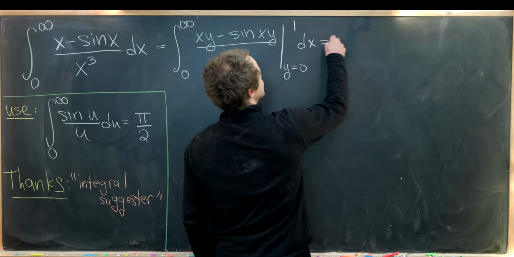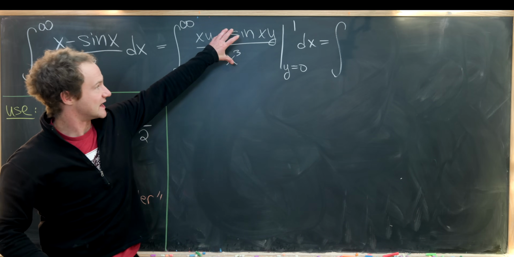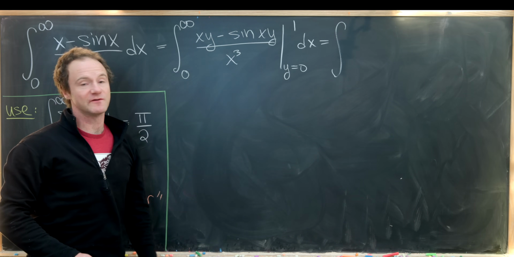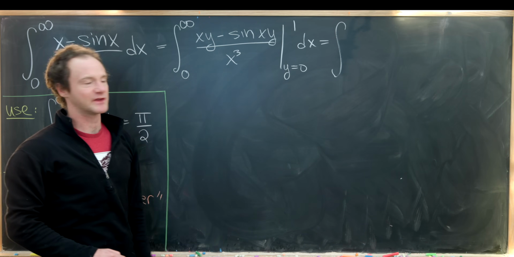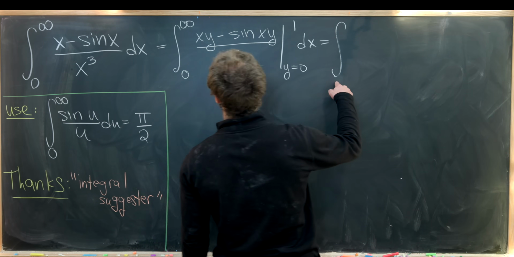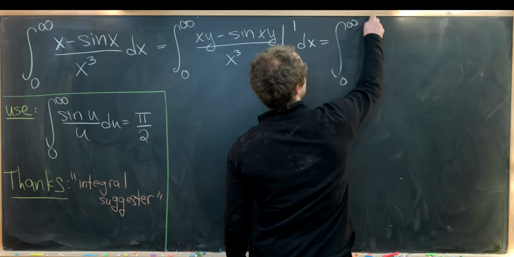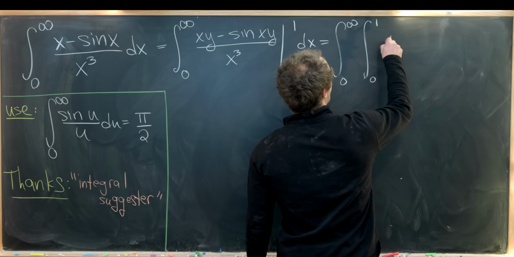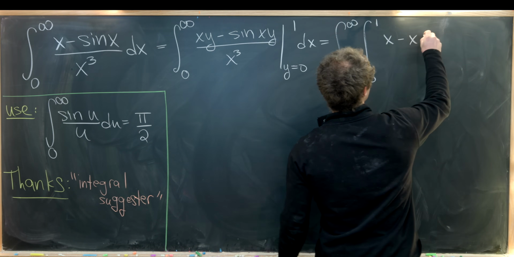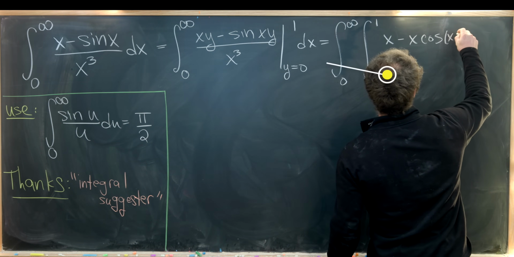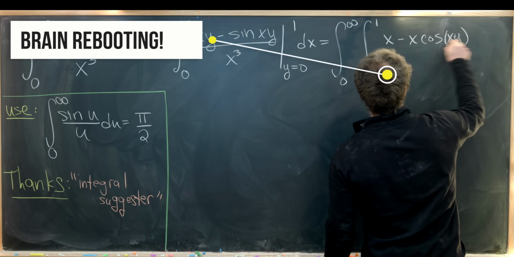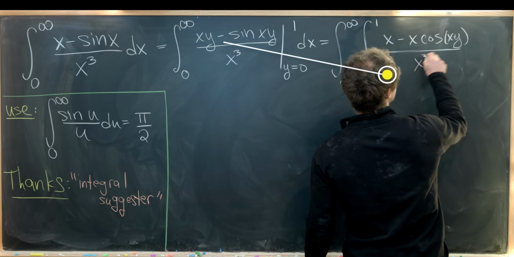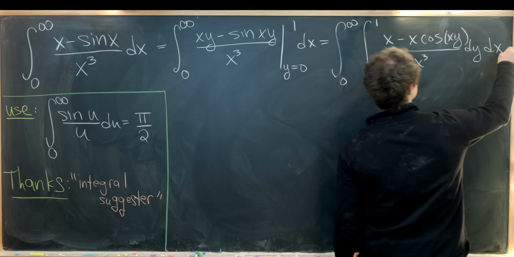That means that we can take this object right here and take its derivative by y and replace that with a definite integral. So that'll give us the integral from 0 to infinity and then the integral from 0 to 1 of (x minus x times cosine of xy) all over x cubed dy dx.